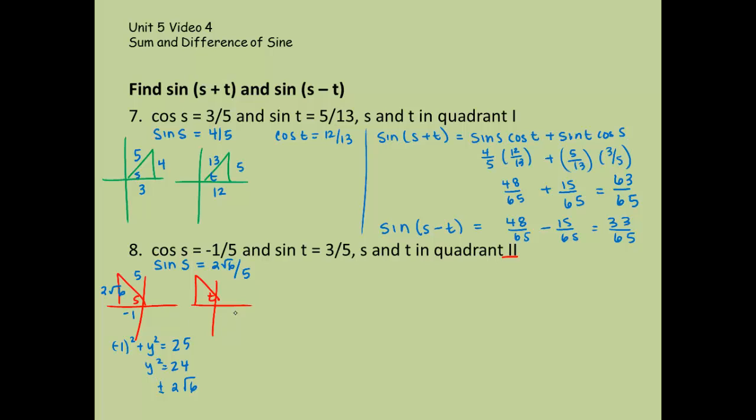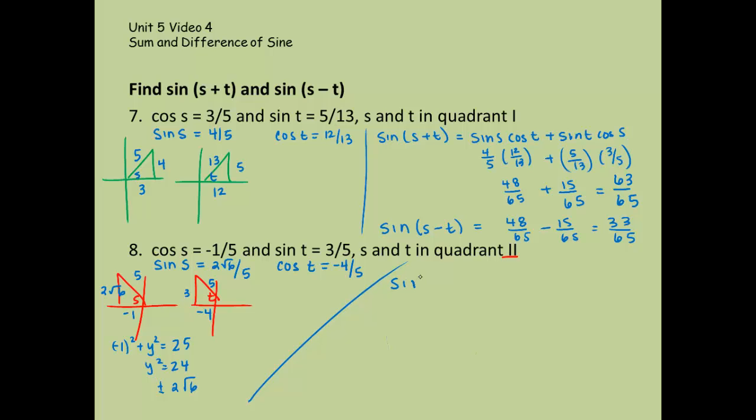Alright, for this triangle here, I've got the sine to be 3/5, which makes this another Pythagorean triple, but it's a -4, because it went in the negative x direction, making my cosine of T to be -4 over 5. So I'm ready to start substituting my numbers in.